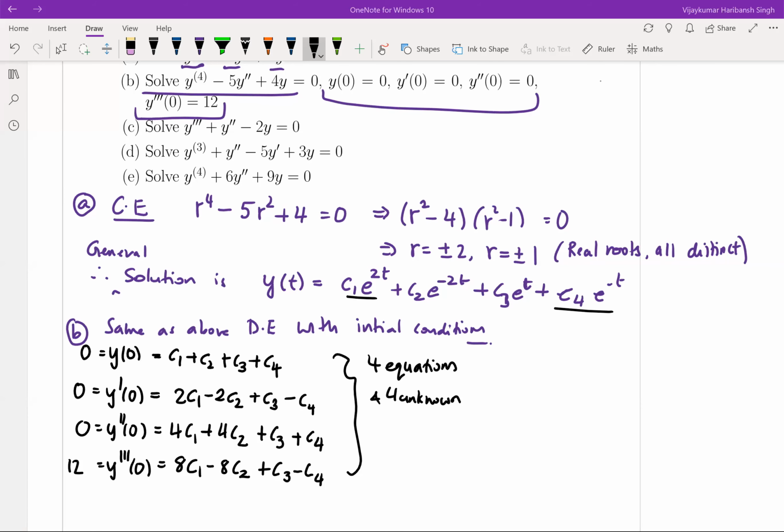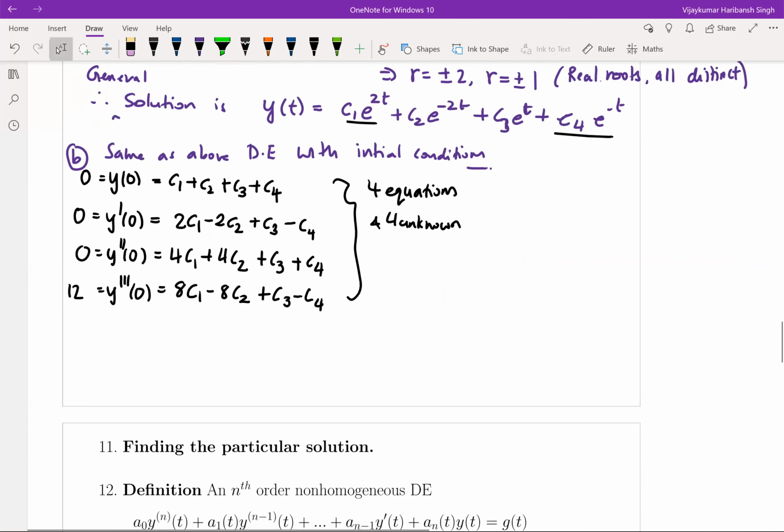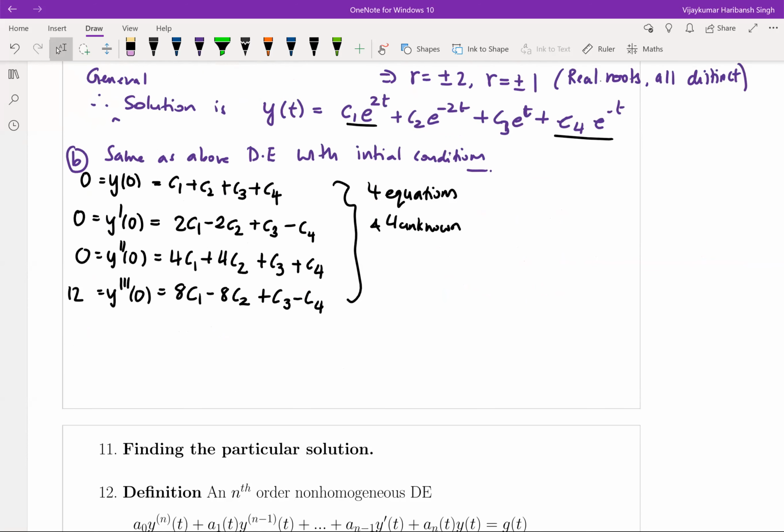Now I can work on this using a matrix method of Gaussian elimination. If I use Gaussian elimination, you will find that c1 equals 1, c2 equals -1, c3 equals -2, and c4 equals 2.